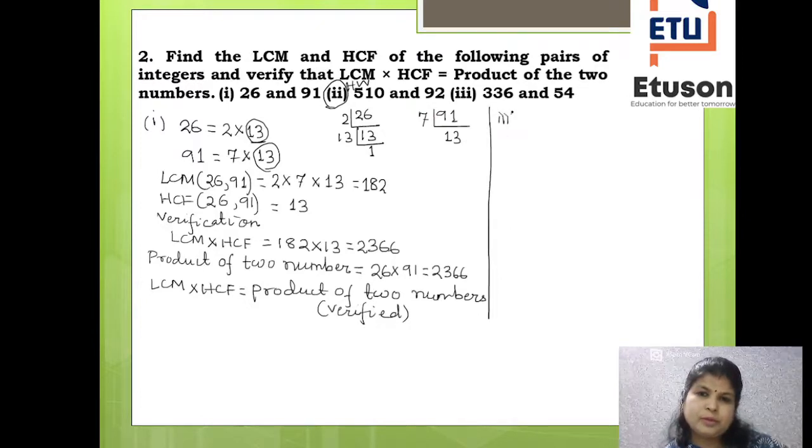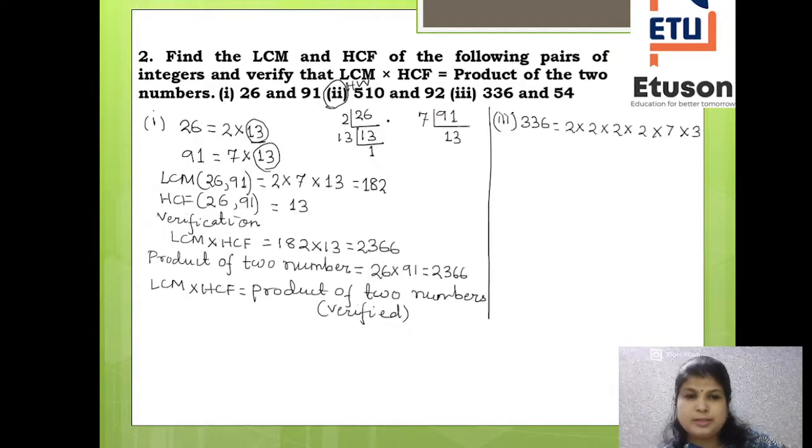Okay. So in bit 3, you have the first number, 336. If you find the factors of it, it can be expressed as 2 into 2 into 2 into 2 into 7 into 3. You can try in the same fashion as I have calculated here.